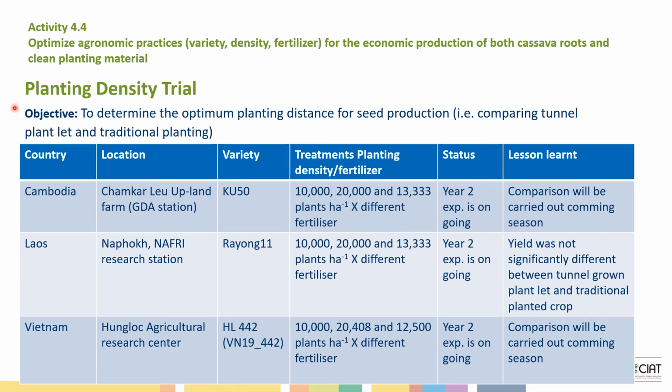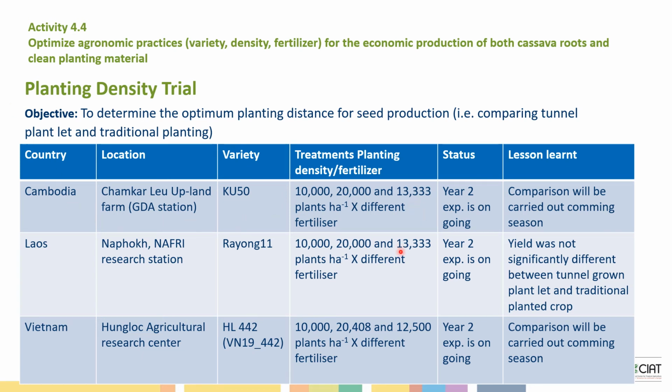That means if we put higher density, we will receive more planting materials, but are we seeing any yield penalty or not when the plants are densely planted? At the same time, we also tried different fertilizers, to see which fertilizer rate gives the most benefit in the yield and also in producing healthy planting material.